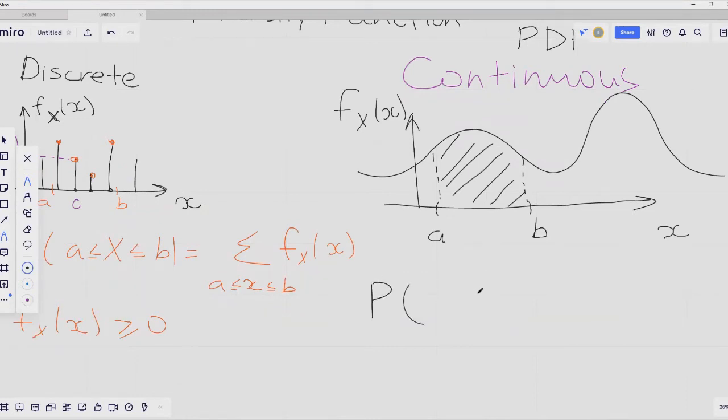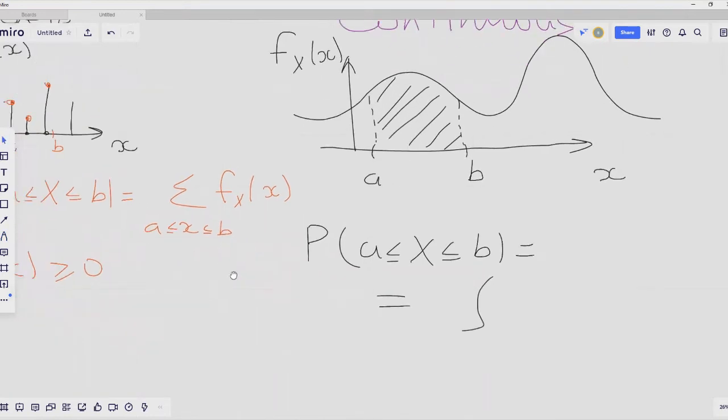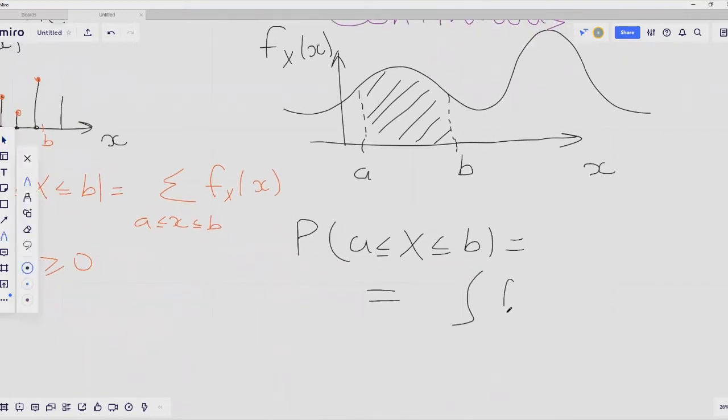So if we are looking for probability of random variable x lying in interval from A to B, we have to find an integral of our probability density function from x equal to A to point x is equal to B.